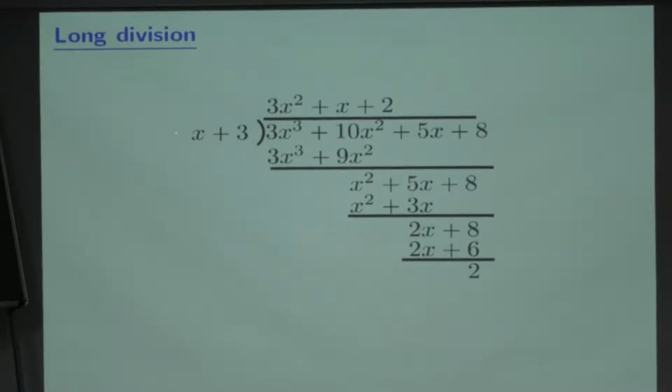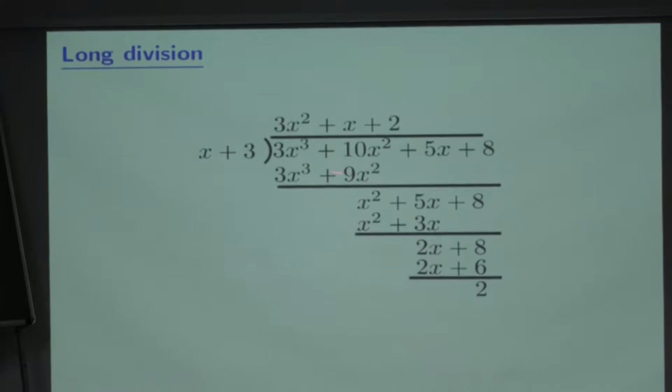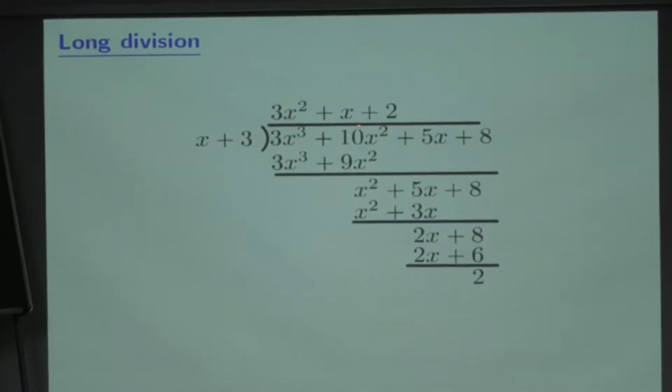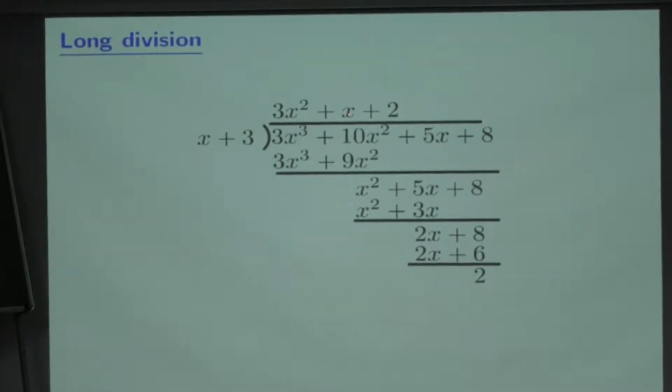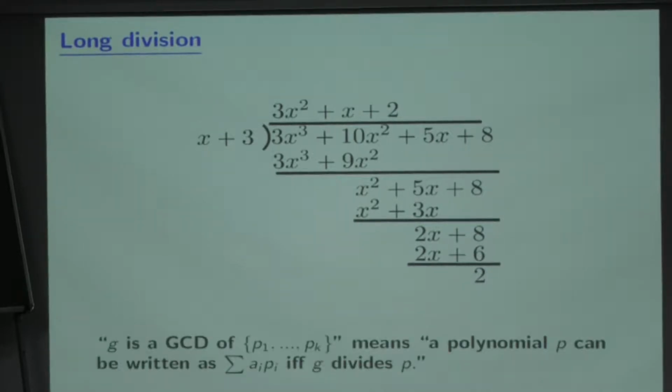I have to multiply it with 3x squared. I write that here. 3x squared times this, 3x cubed plus 9x squared. Subtract, knocks off. This is x squared plus 5x plus 8. Now you plan to knock off this, multiply it with x. Now you are left with this, you knock off this, and finally you are left with this number. In general, it will be a polynomial of degree less than the divisor. So that is the way we carry out long division. We will need that when we generalize, so that's why I just reminded you.